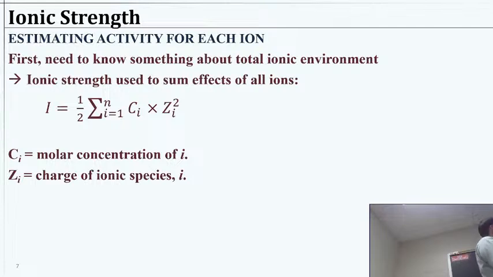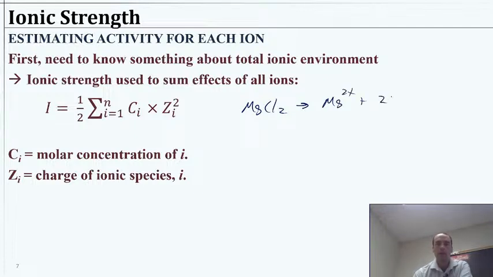When I say that, I'm saying for a given species i, its concentration times the charge of i squared. So for example, if we had magnesium chloride that was added to water and gives us Mg2+ and 2Cl-, then we end up with some magnesium with a 2+ charge and chloride.